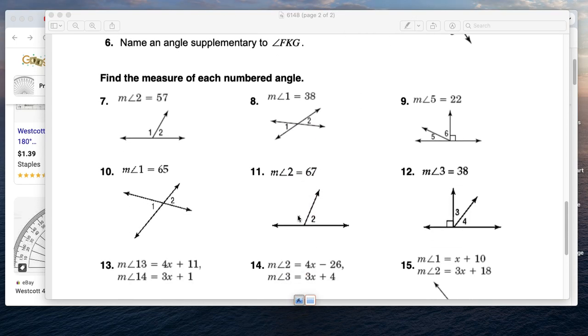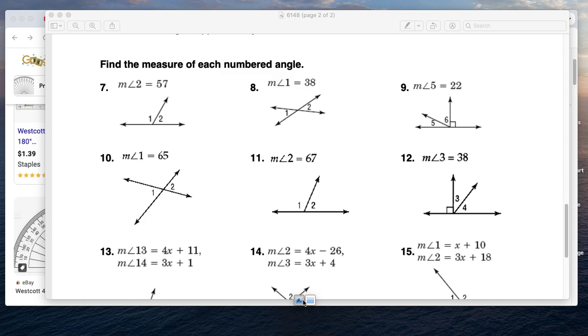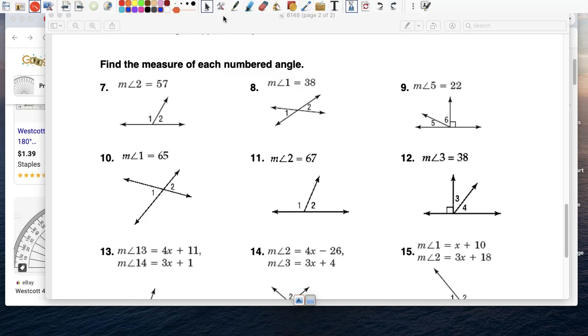Bottom. Question 7. So question 7 is saying that here's a straight line, and we know that in a straight line the angle is 180, so that's 180. They cut it into two parts, and they said that this angle 2 is 57 degrees.